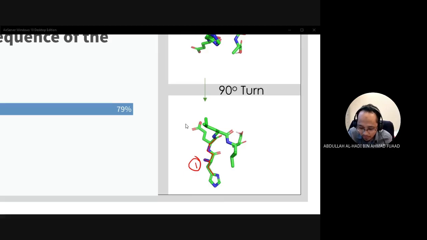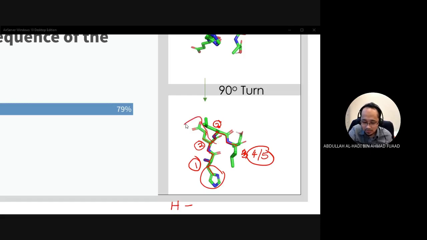Moving up there, you will see the second one over here, third one over here, move through the backbone, and you can't really see the fourth and the fifth, which is fine, because now you can see clearly that from the N terminal, one is histidine, the second one, which is very clear, is a glutamic acid, and the third one, it's very clear, it's a leucine.